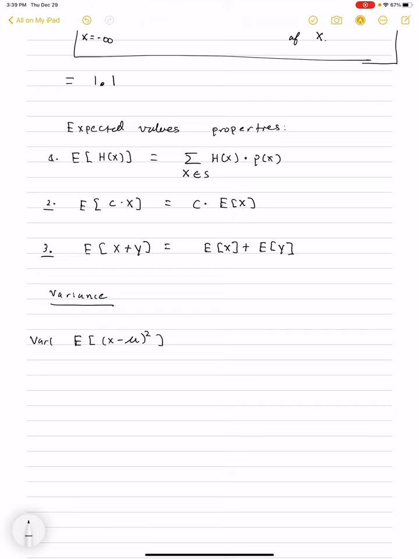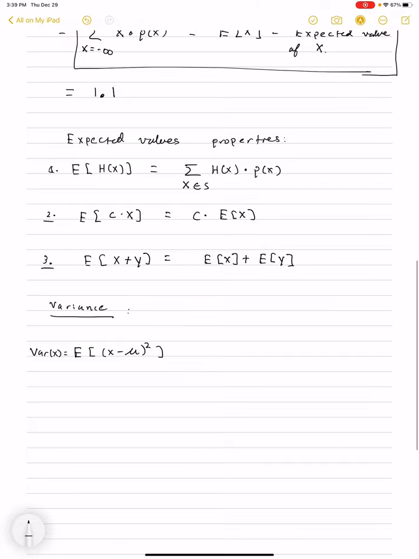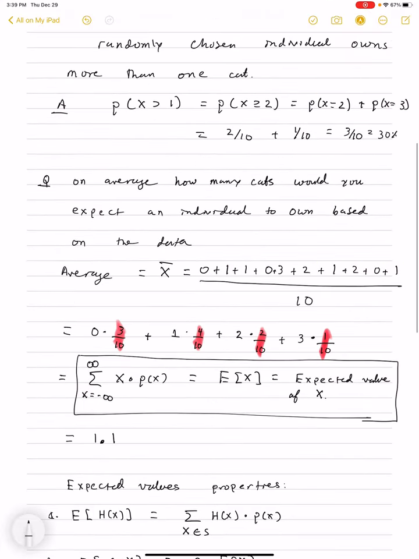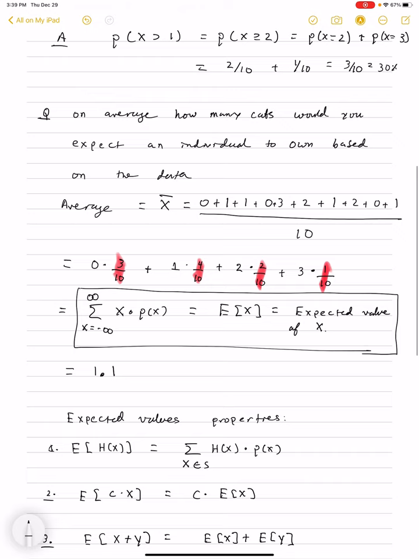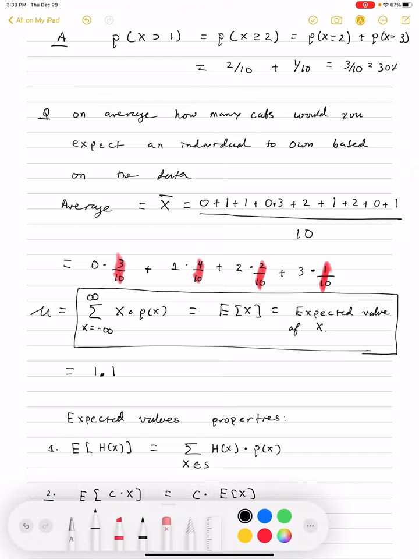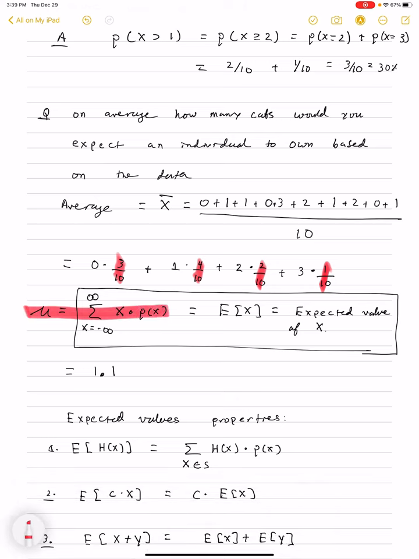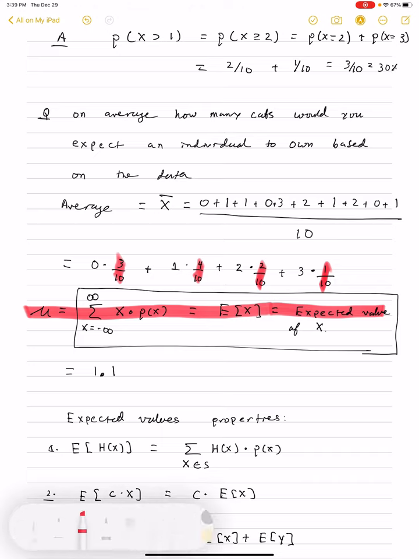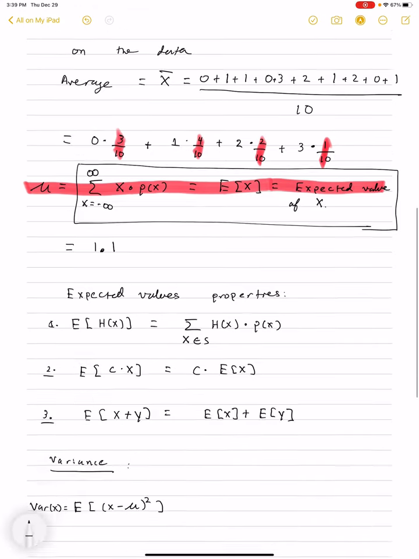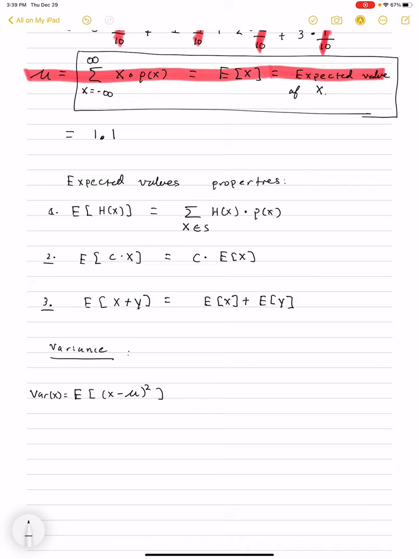This is the variance of x, and I should add one more common notation, which is to denote the expected value by mu. So I wrote mu is the sum of x times p of x. All of these are equal. So here the mean is the expected value.